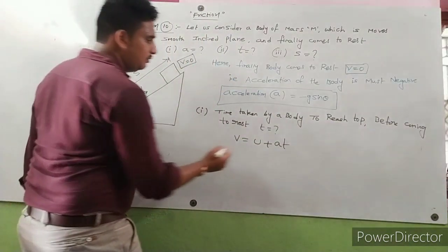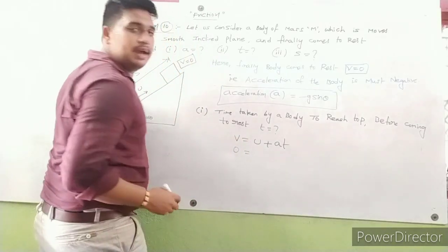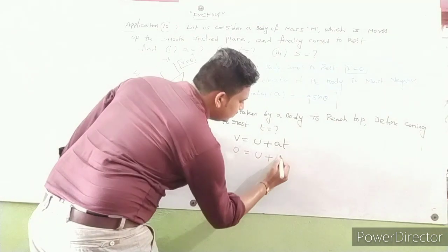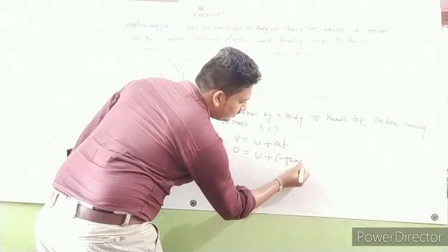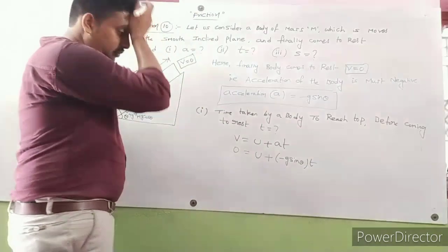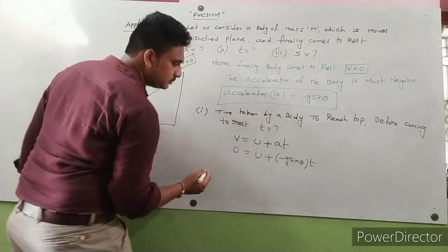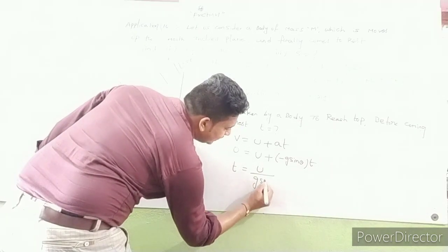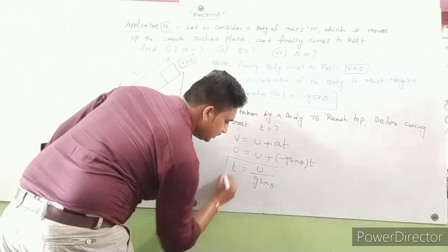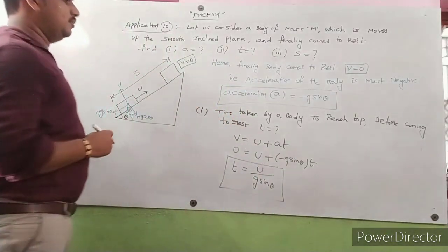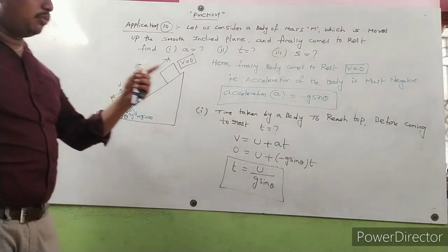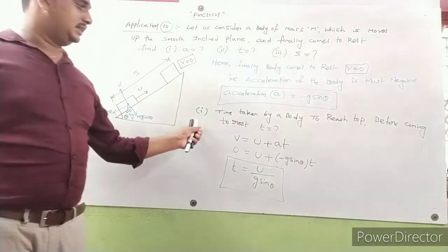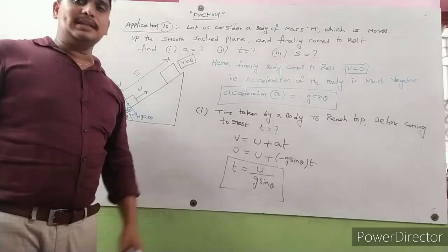From this, v value is 0, u value is u only, a value is minus g sin theta, into t. So from this, t is equal to u by g sin theta. Time taken by a body to reach top before coming to rest, that is t is equal to u by g sin theta.